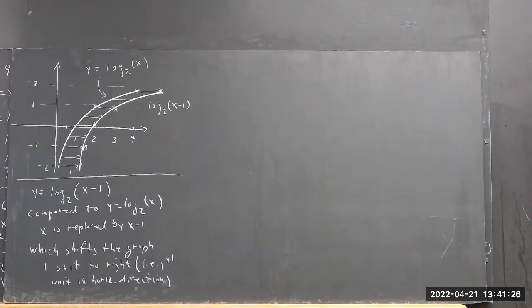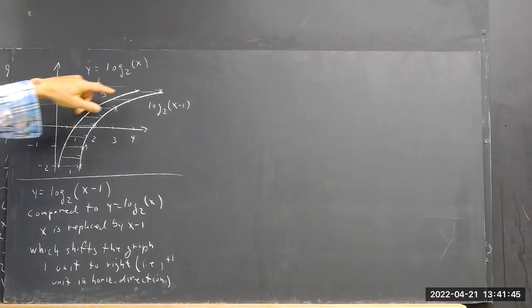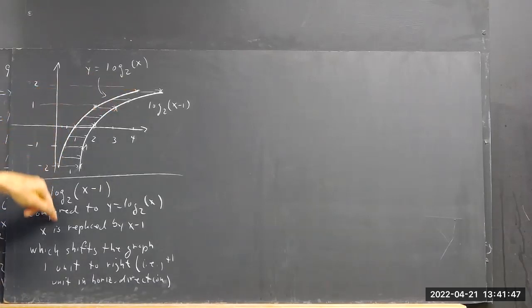Now notice an important thing here. You have a vertical asymptote here at the y-axis. Just like the exponential function approaches the x-axis as you move to the left, when you flip it over and invert in a certain way to get the log function, you're going to have an asymptote with a negative y-axis.